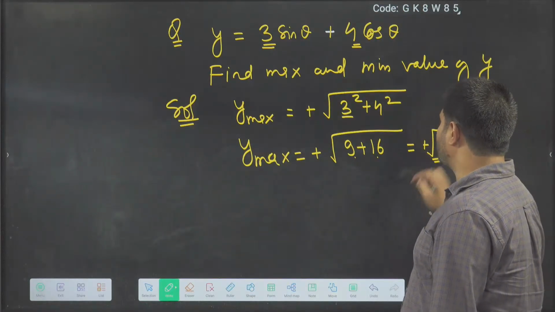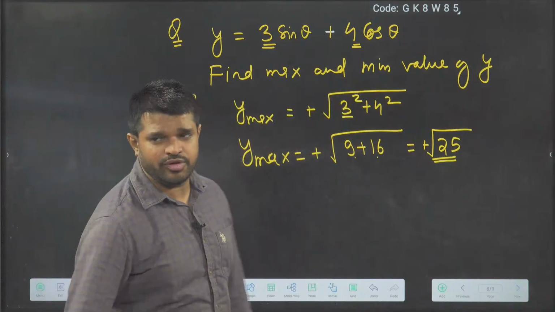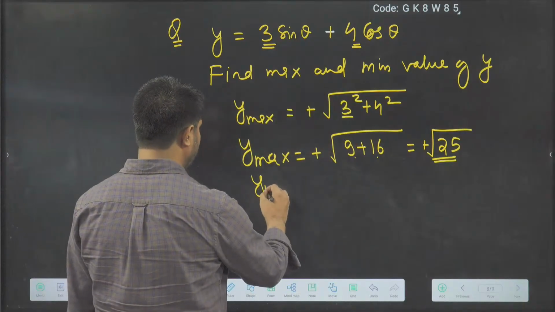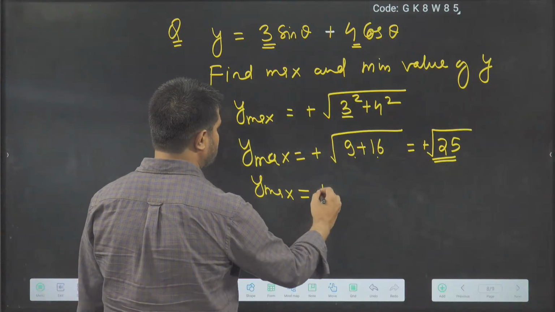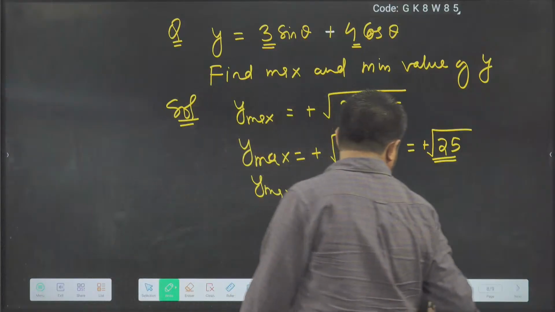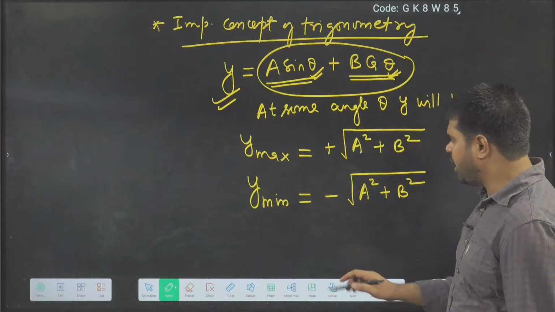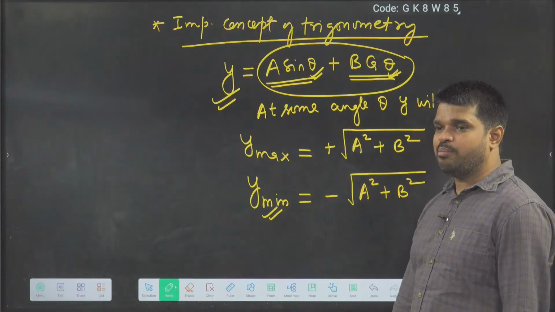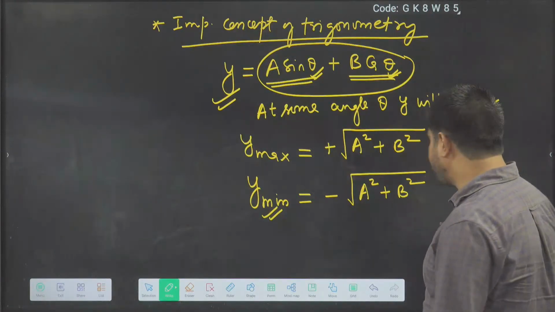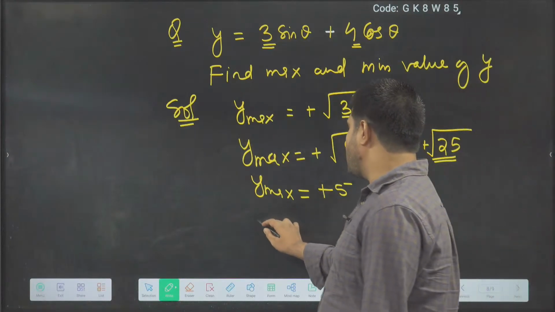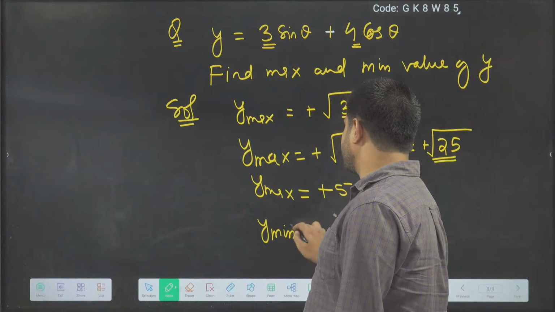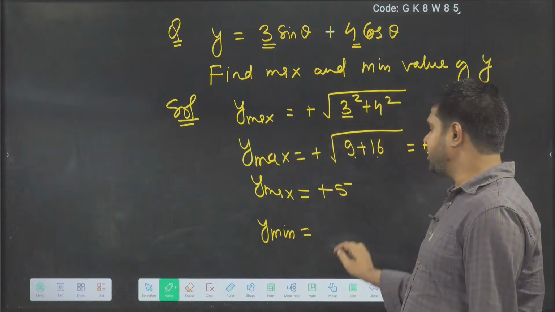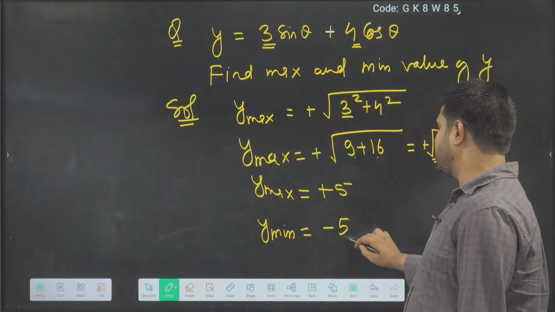And under root 25 is 5. So maximum value is plus 5. Now you can see here the minimum value is negative of the maximum value. So minimum will be negative of 5, that is minus 5. Write it.